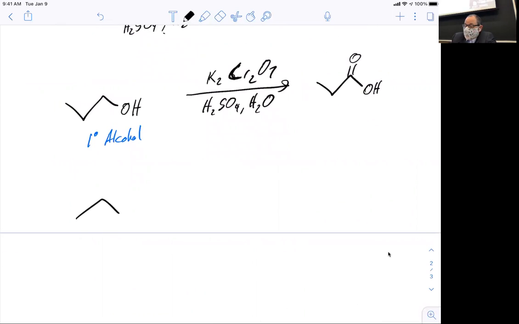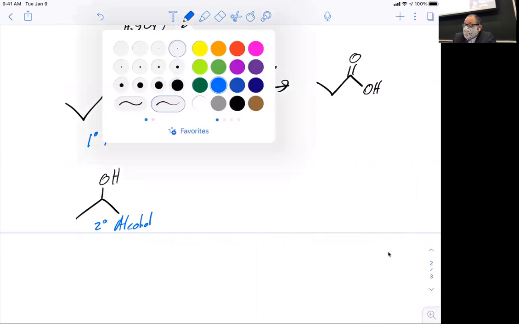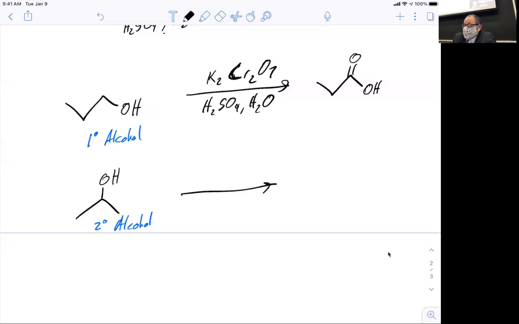If we take the same thing with the secondary alcohol, we'll end up with a ketone.